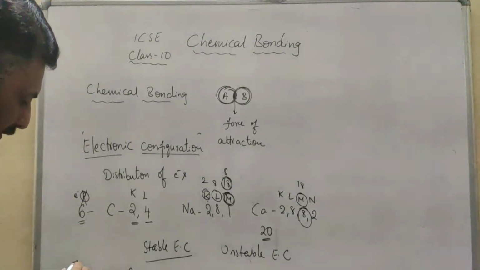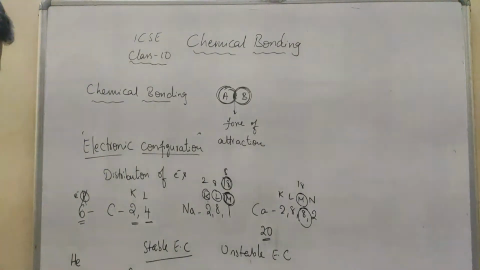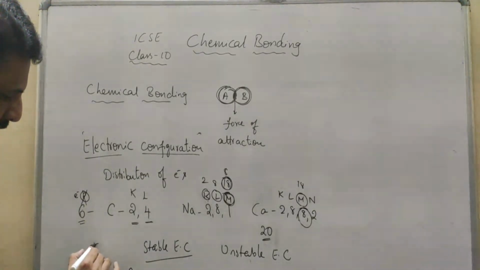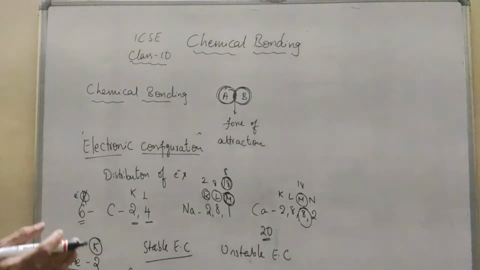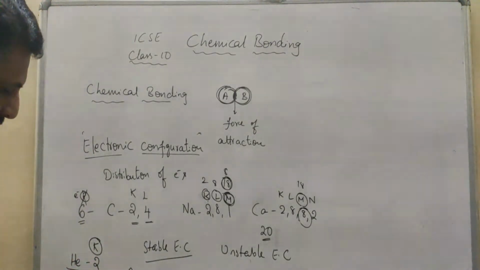For example, take noble gases like helium, neon, argon, krypton, etc. Helium can have a maximum of 2 electrons in the K shell, and helium's electronic configuration is 2 electrons in the K shell. So the K shell is completely filled and helium cannot take any more electrons, so this is stable electronic configuration.